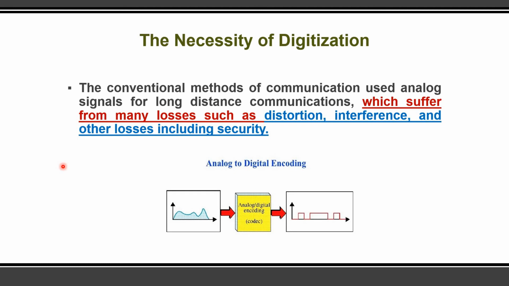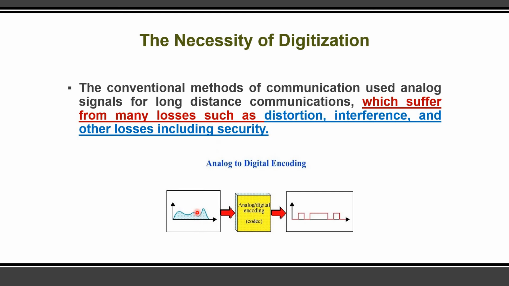In pure analog communication, the signal suffers because of distortion, interference, and sometimes there is a security problem as well. These three major problems are eliminated by using digital communication. By implementing a regenerator, by using a source encoder and a channel encoder, and by using encryption algorithms in the digital communication system, we improve security. That's why we are moving towards digital communication.